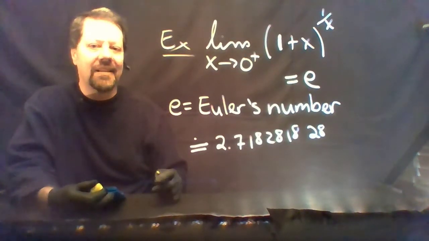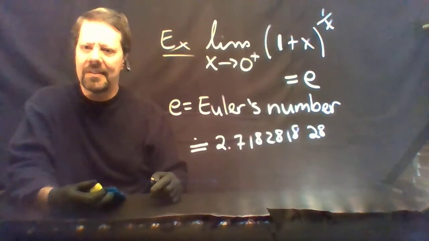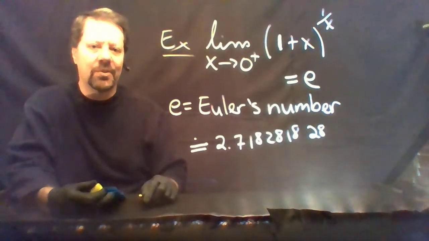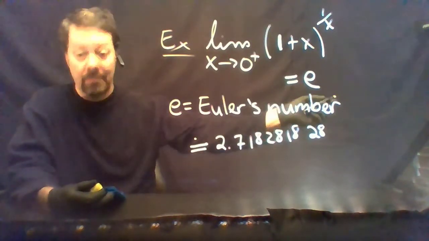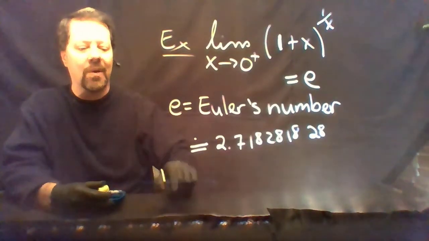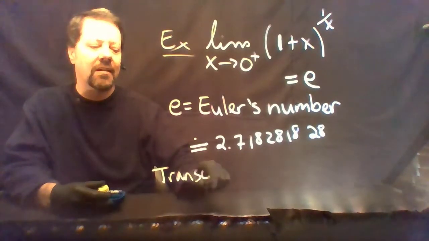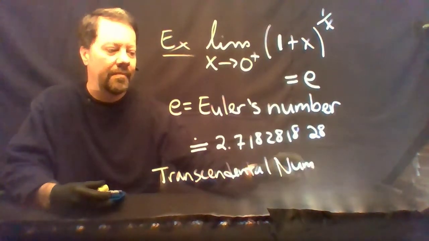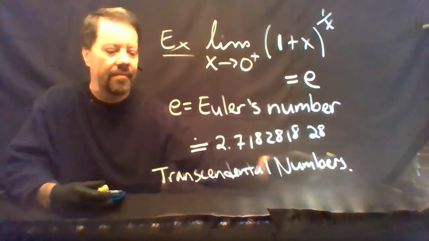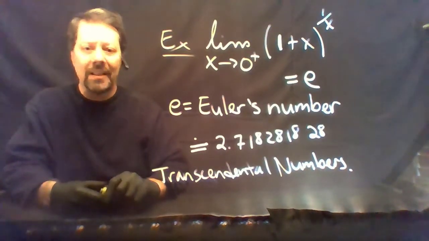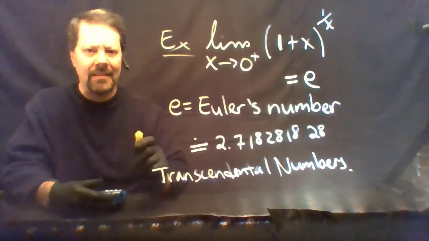It turns out that Euler's number is similar to pi in that they're both irrational numbers, which means they will have a non-repeating decimal eventually. Also, e and pi are what are called transcendental numbers. All transcendental numbers are irrational, but not all irrational numbers are transcendental. Let me explain. Let me give you a definition.